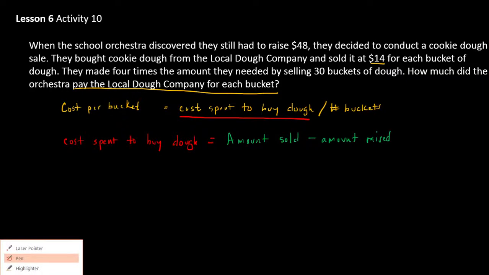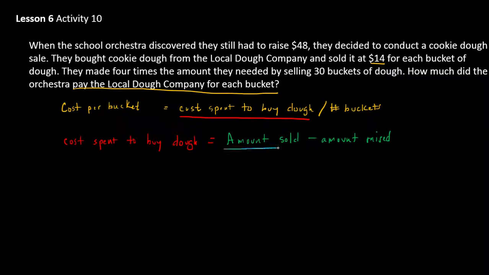And by amount sold, let's keep going. By amount sold, what do I need? Amount sold is the cost per bucket, and in this case I do mean the cost to the consumer, the cost per bucket times the amount of buckets.